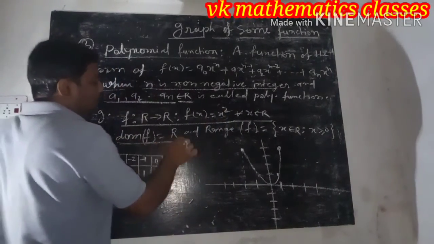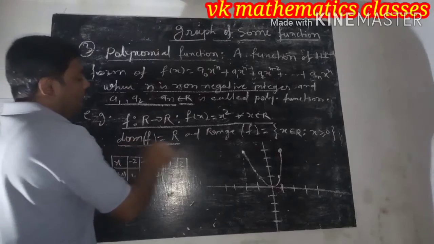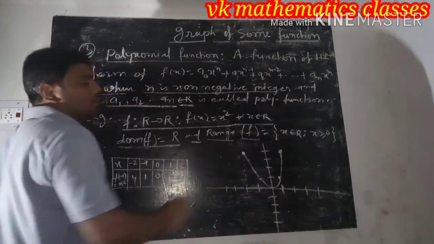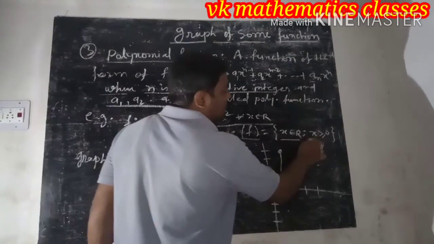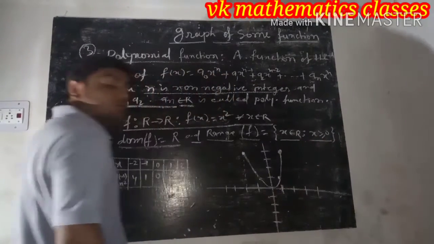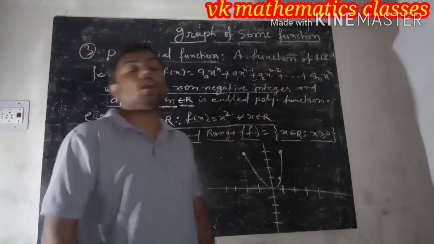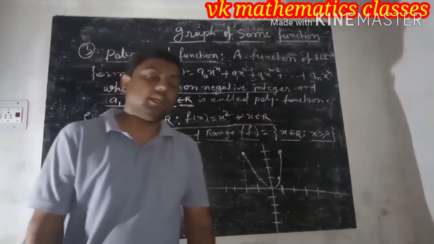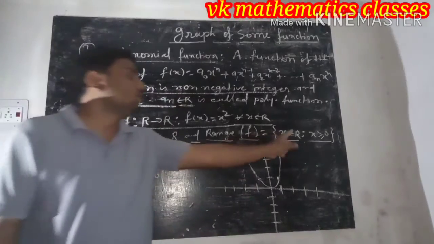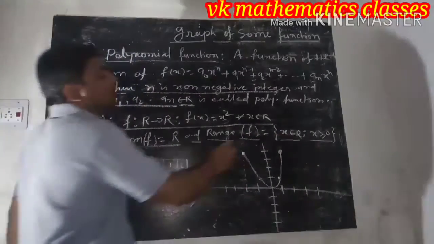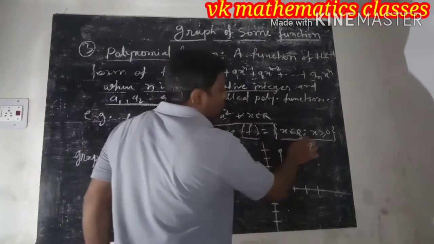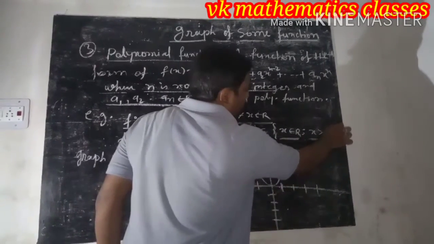So the domain is R, and the range of f is the set of x belonging to R such that x is greater than or equal to 0, because the square of any real number is always non-negative.